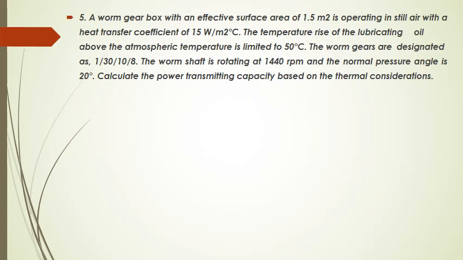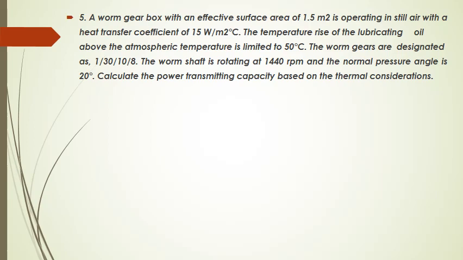Now, problem number 5. A worm gearbox with an effective surface area of 1.5 meter square is operating in still air with a heat transfer coefficient of 15 watt per meter square degree Celsius. The temperature rise of the lubricating oil above the atmospheric temperature is limited to 50 degrees Celsius.